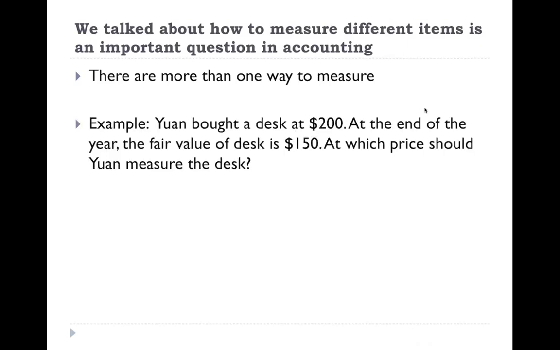For example, I may have bought a desk at $200. However, at the end of the year, the fair value of the desk may be $150. So at which price should I measure the desk? I can either measure it at $200 or at $150. This is a question for accountants, how to measure it.